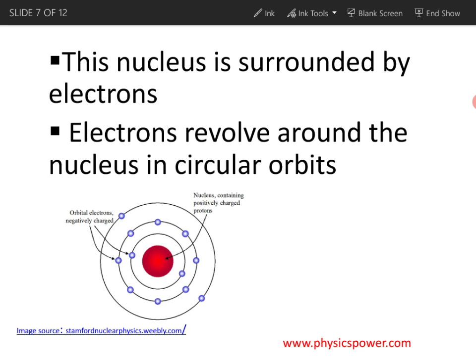The electrons revolve with a velocity such that, due to the circular motion, an outward centrifugal force comes, and that is balanced by the nuclear attractive force. Whatever the electrostatic attractive force between the nucleus and electron, the same quantity of centrifugal force acts outward. Both balance, and the electron revolves in a circular orbit with a fixed radius.